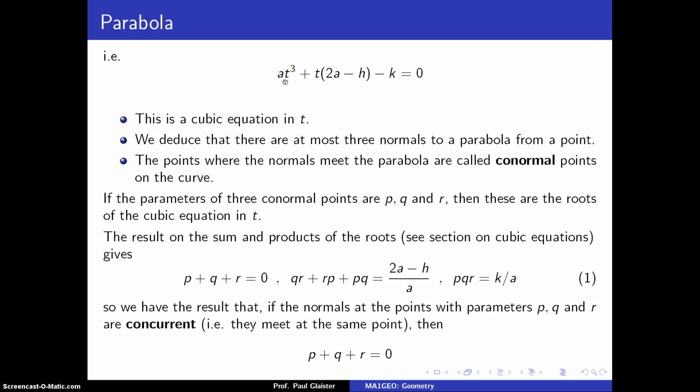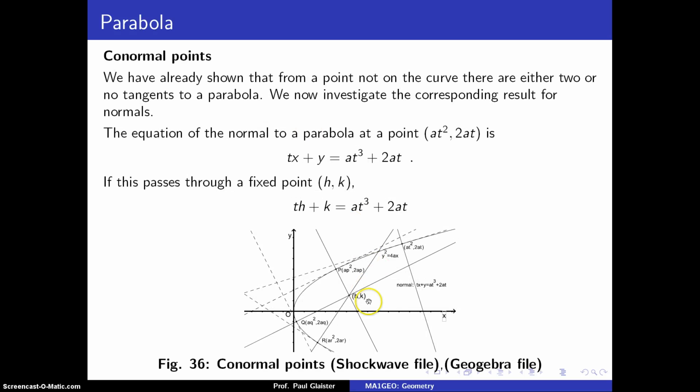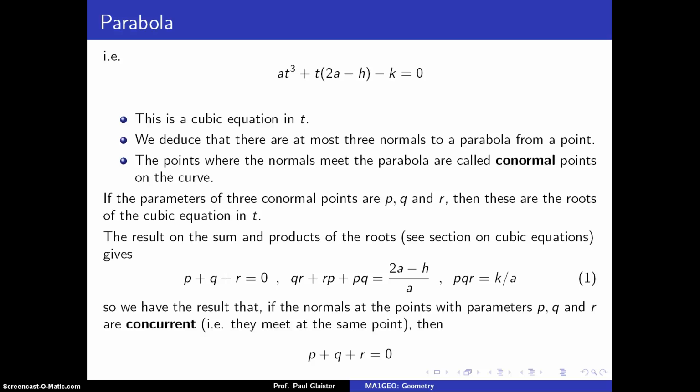In other words, from the point (h, k), if we can draw 3 normals to the parabola, which we certainly have here, and they meet at (ap², 2ap), (aq², 2aq) and (ar², 2ar), then those 3 values p, q and r are the roots of this cubic, and they are related to the coefficients through these 3 standard expressions that we had before from the properties of the roots of a cubic.